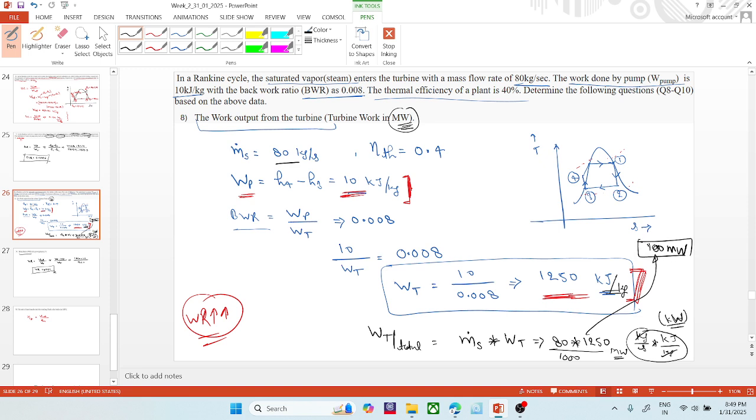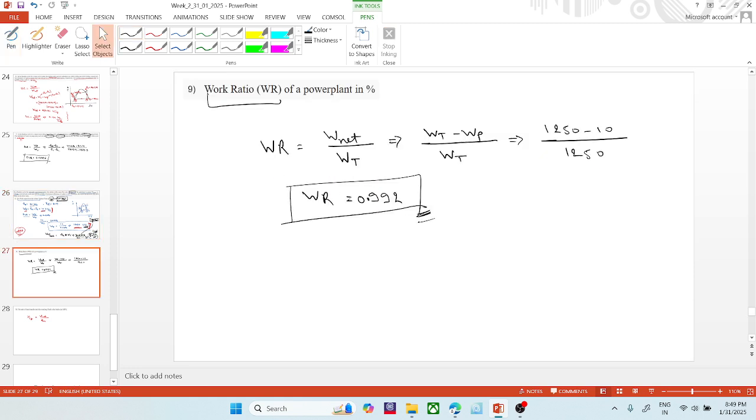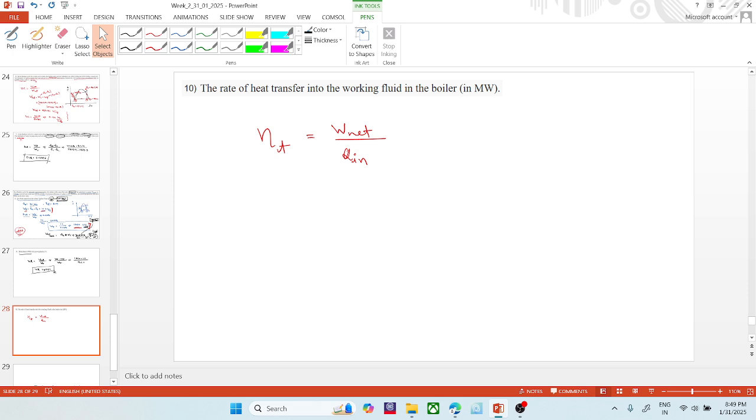I'm sorry, I had calculated it in kilojoule, but because the mass flow rate of steam is provided, we can also calculate in megawatt. The work ratio calculation is correct, it would be 0.992. Then we have to determine the rate of heat transfer into the working fluid in megawatt.